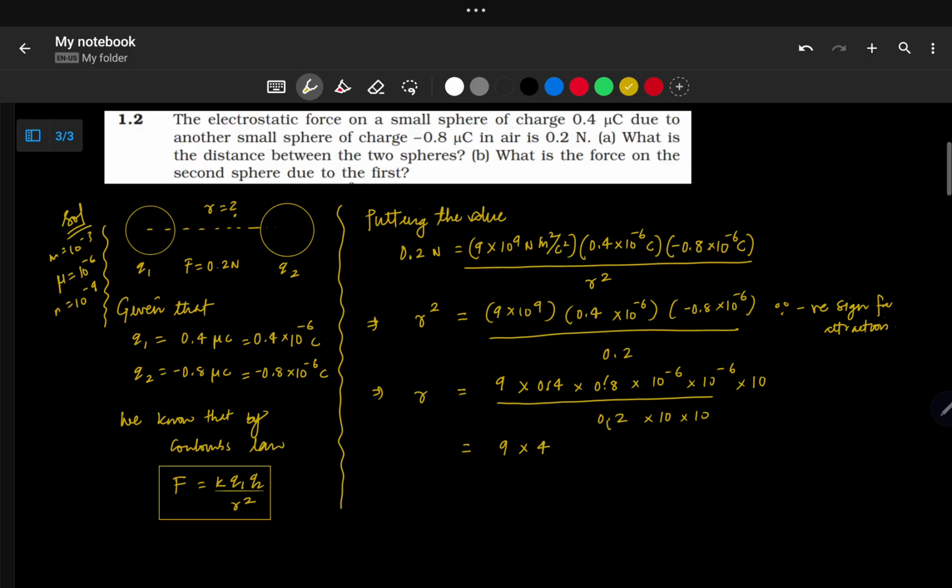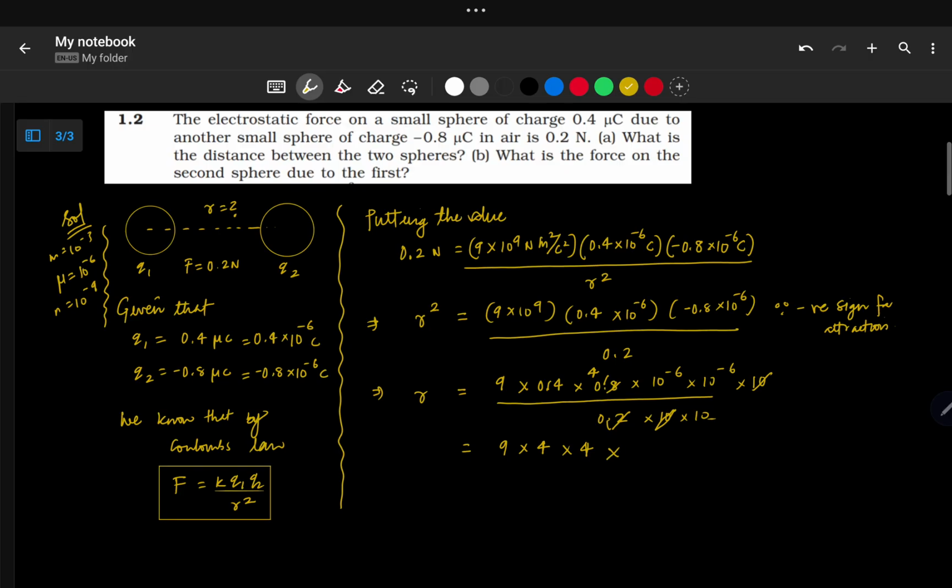Okay, and now what we can do is divide this 8 by 2. From 2 divided, we have to divide 8 by 2, then we are going to get again 1 4, right? And this 10 we can cancel out with this 10, right? And this 10 we can take in numerator.